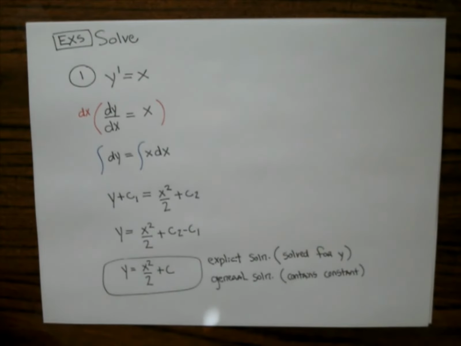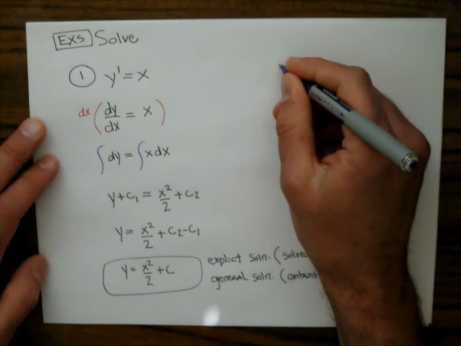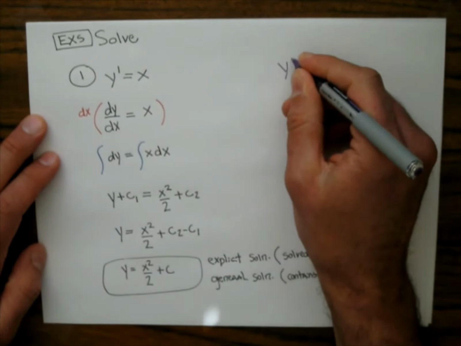Okay, what I'm going to do now is show you that we could have solved this differential equation directly. Y prime equals x. Directly means I could have just taken the antiderivative on both sides. Next time we do this where we add a c on one side and a c on the other side, we're always going to put the c's together.